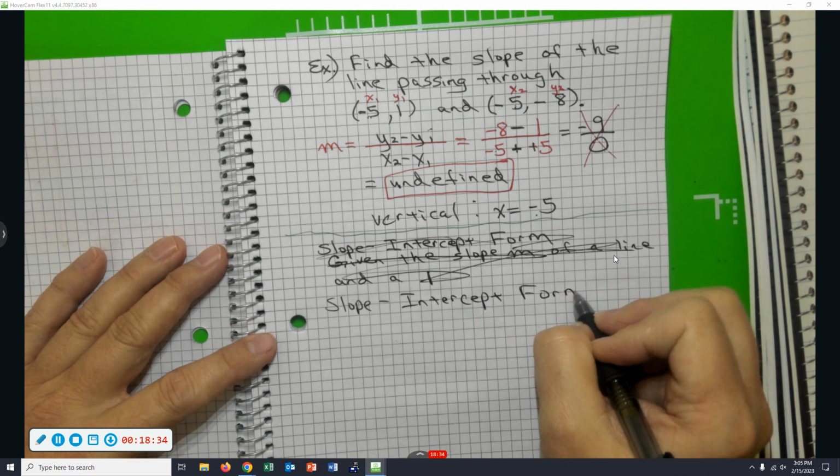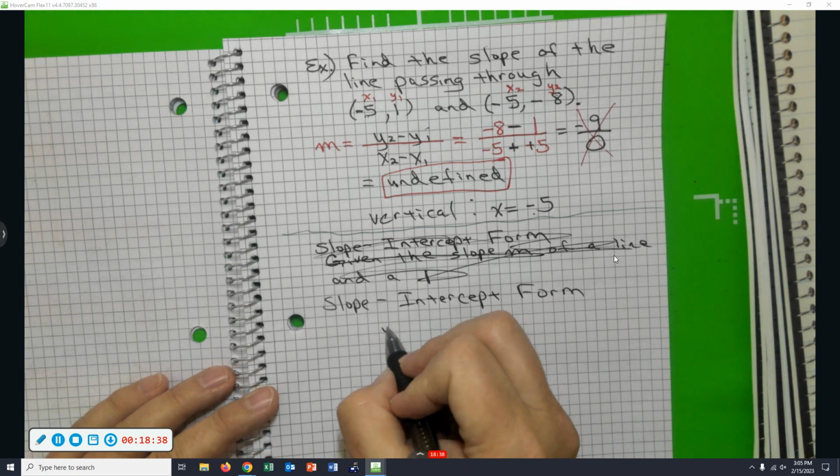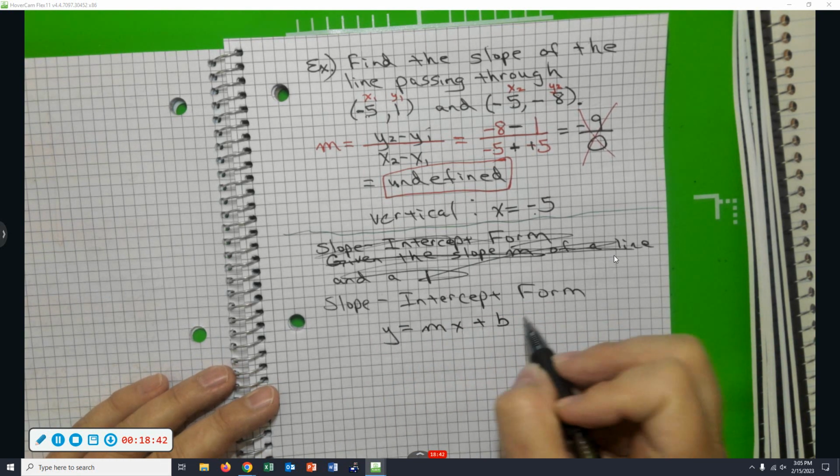I'm just going to write it out and then identify what the things are. It's y equals mx plus b.